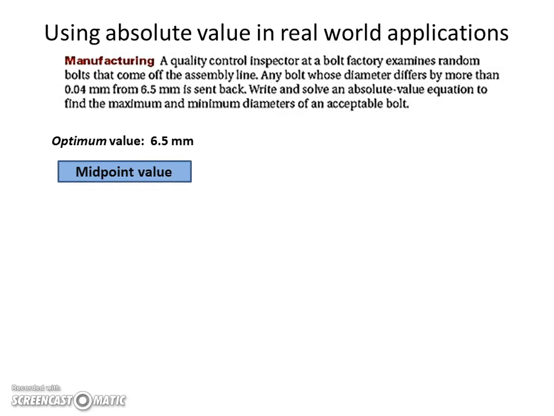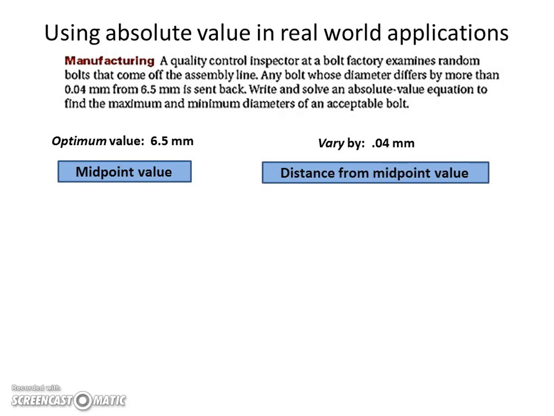Okay, so once again, we want 6.5 millimeters. That's how much we want the diameter to be. But we're allowing it to vary by as much as 0.04 millimeters. It's not a lot, but you have to be pretty exact when you're talking about creating a bolt or something that small. So we're allowing it to be 0.04 millimeters bigger or smaller.